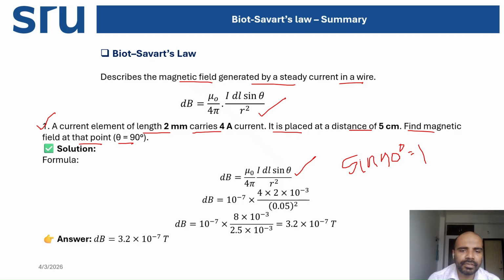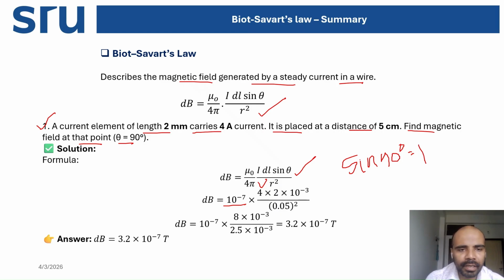So dB equal to mu naught by 4 pi. We know that mu naught equal to 4 pi into 10 to the power minus 7. So mu naught by 4 pi is equal to 10 to the power minus 7 into I. I is 4 ampere. The length of the current element, that is dl, is equal to 2 into 10 to the power minus 3 meter.